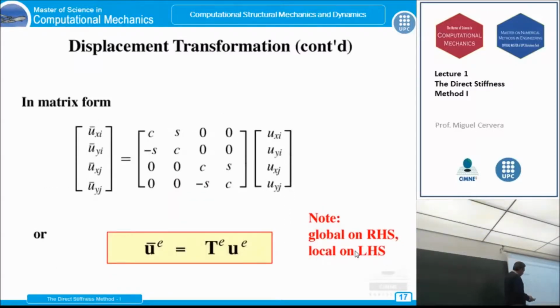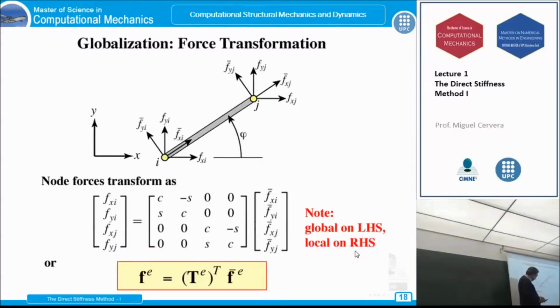Here we have written the local in terms of the global, and here we have written the global in terms of the local. Obviously, the matrix that appears here is the same matrix transposed, because in this case the transpose and the inverse are the same, because these are orthogonal matrices.